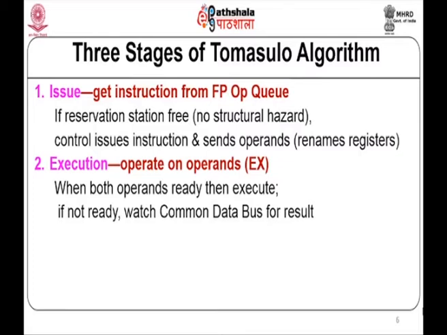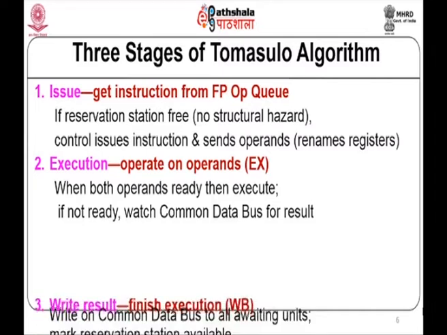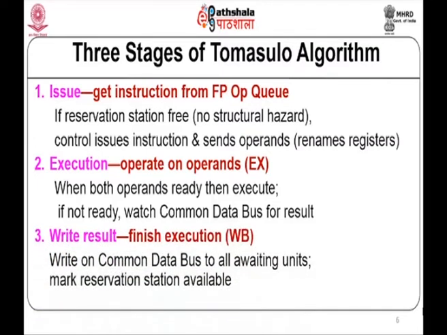The multiplier unit starts executing, and it remains in execution depending upon the latency of the instruction. Suppose you assume a 10 clock cycle latency for a multiply instruction, it will remain in execution for 10 clock cycles. And once execution finishes, the result is written on the common data bus.